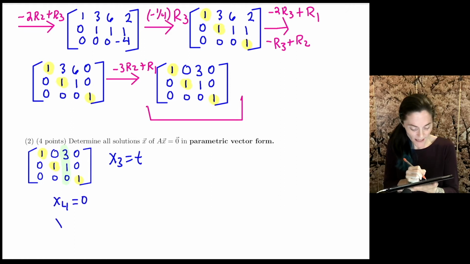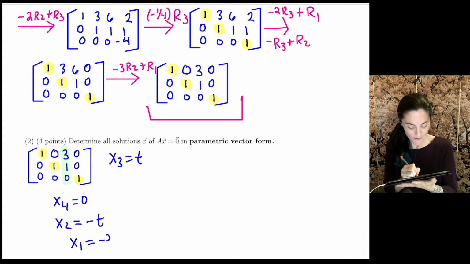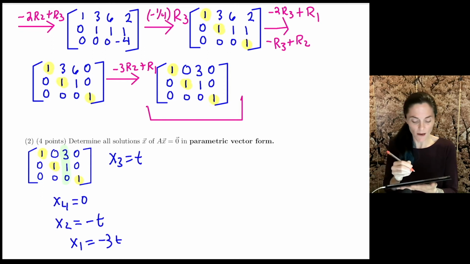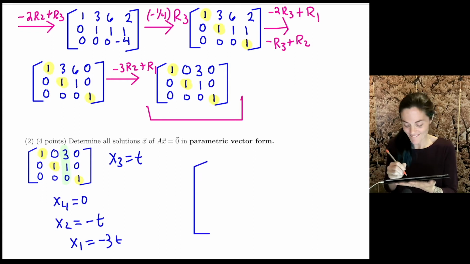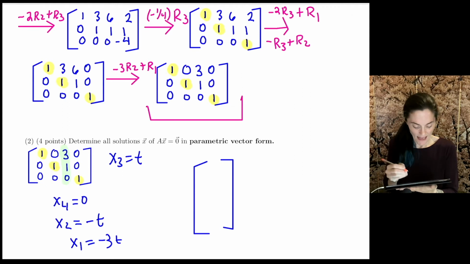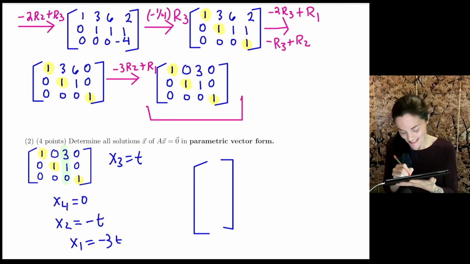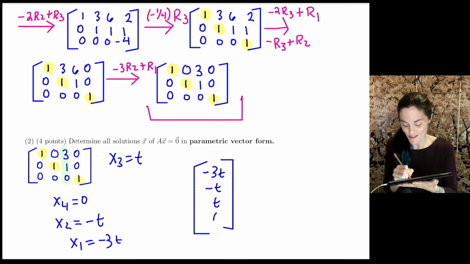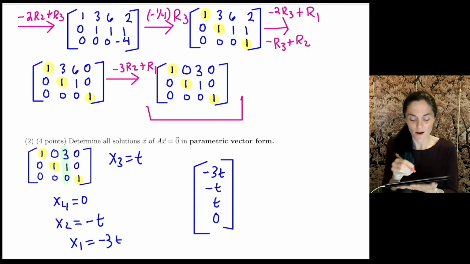We would have x2, well, it would be minus t, and we would have x1 is minus 3t. So let's put our answer in parametric vector form. x1 is -3t, x2 is -t, x3 is t, and x4 is 0. This would be our answer here.